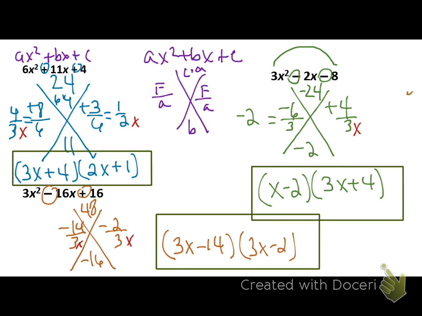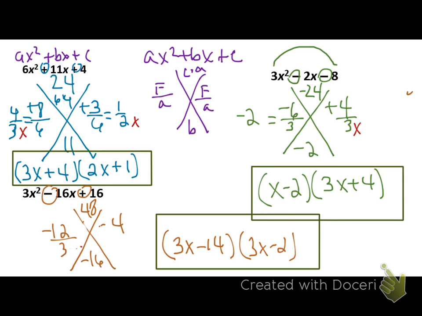Okay, when we go back and check this, we see that our -14 and -2 do not work, so we're going to change that ever so slightly to the -12 and the -4.